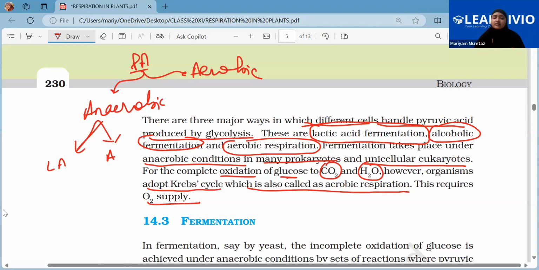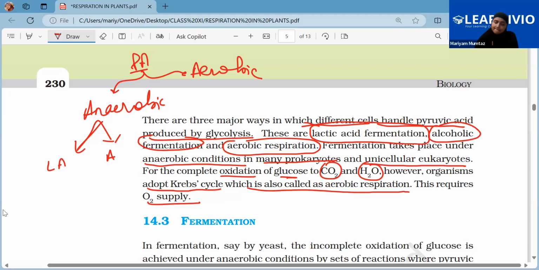Higher organisms will have aerobic respiration, also known as the Krebs cycle, in their body. But the lower organisms will have fermentation. It can happen in prokaryotic organisms as well as unicellular eukaryotic organisms. Clear?